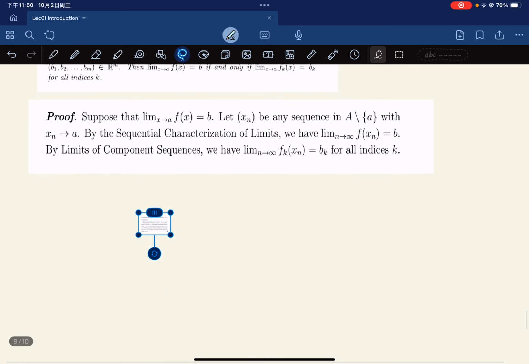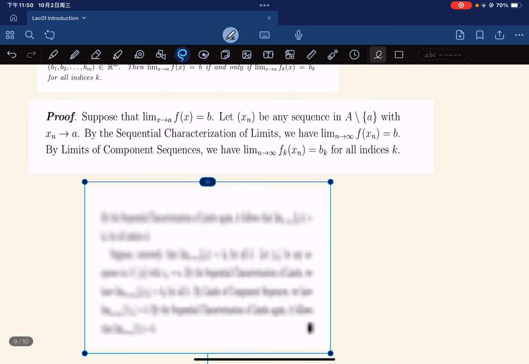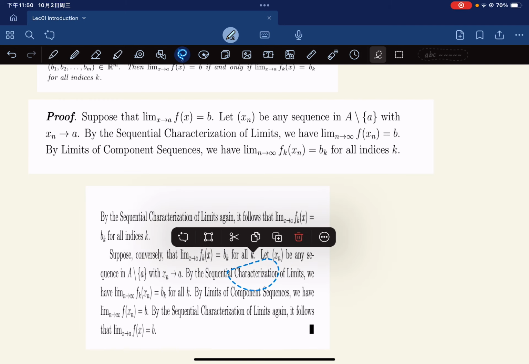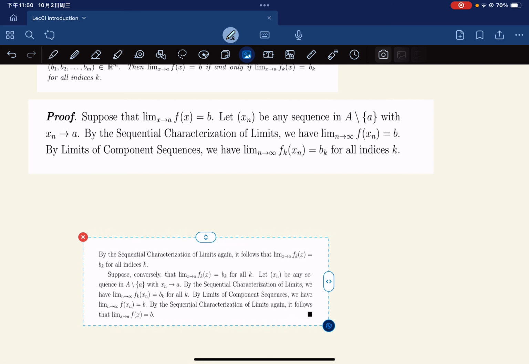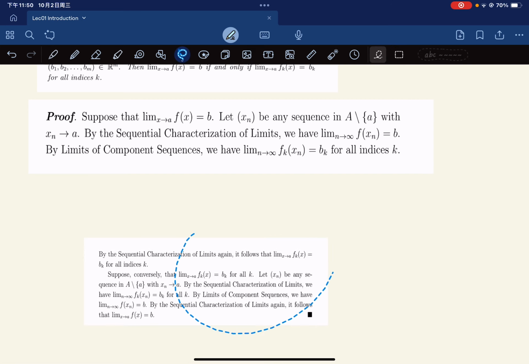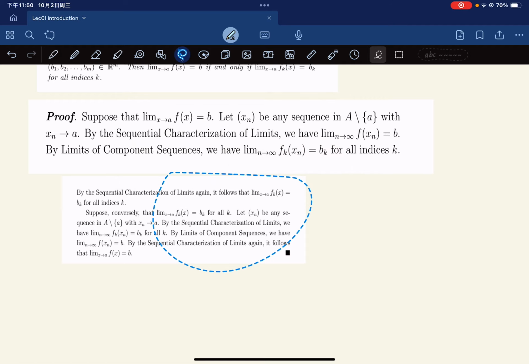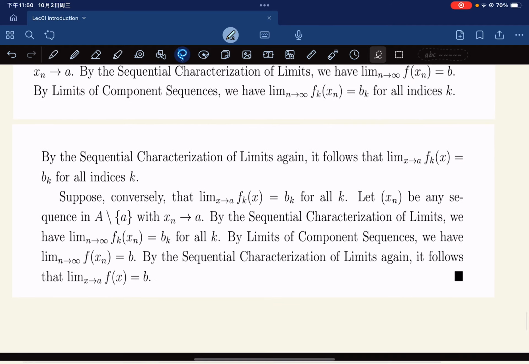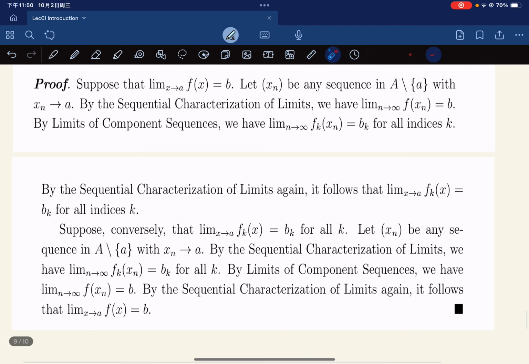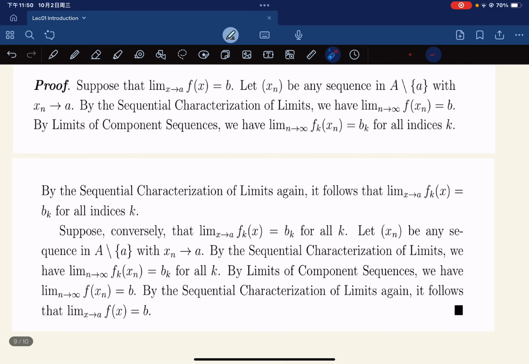secondly, conversely, right? By this sequential characterization of limits again, we have fk(x) converges to bk, right? x converges to a.